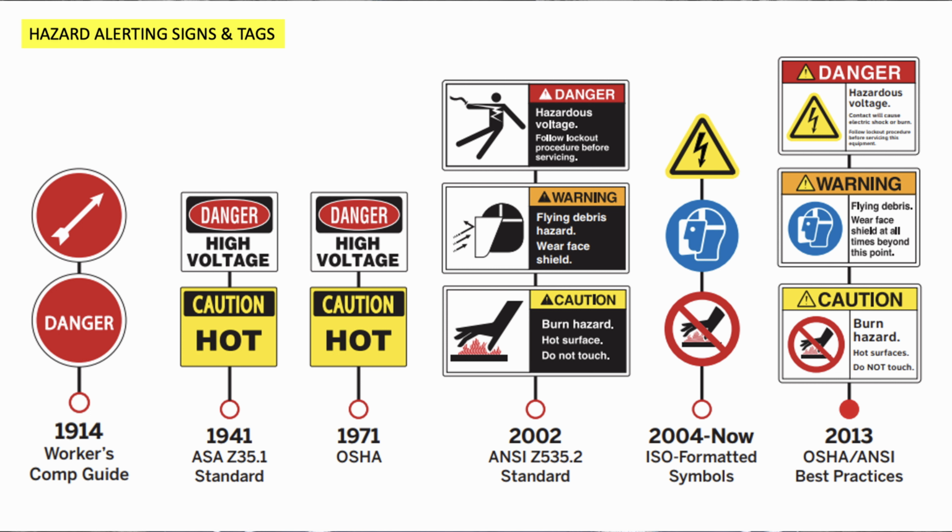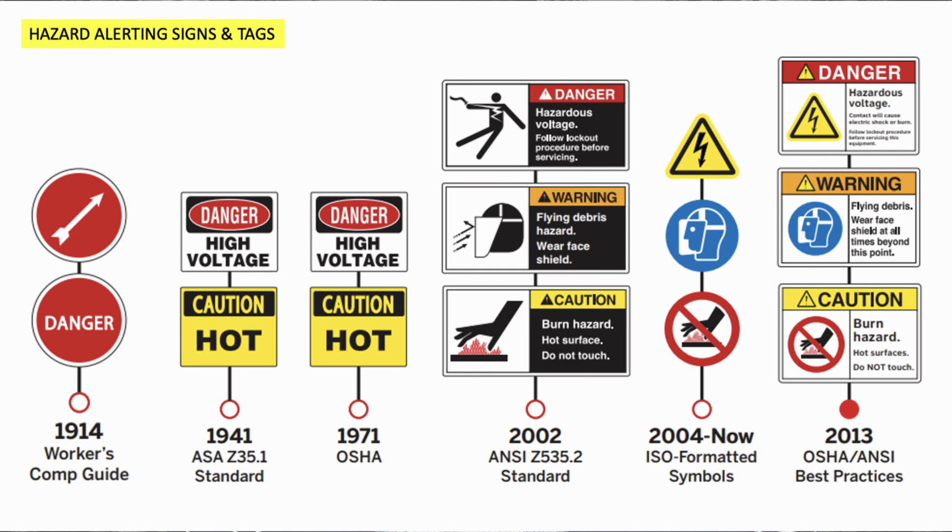Now in 1971, OSHA carried the same signages forward, and they looked the same way. In 2002, the ANSI Z535 standard came and the signages were amended, and you can see in the image how the pictogram image, the safety alert symbol, and color coding were used.